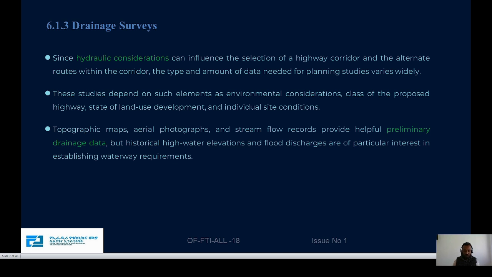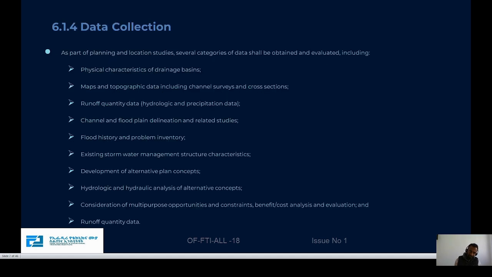This information will be collected from topographic maps, aerial photographs, and stream flow records, which provide helpful preliminary drainage data. The flooding discharges and the height of water elevation are also very important for the selection of alternative routes.